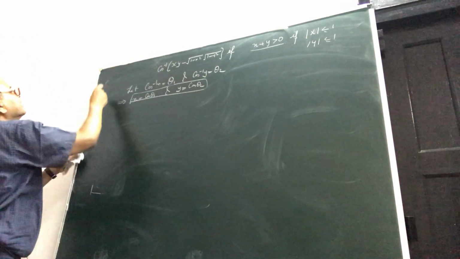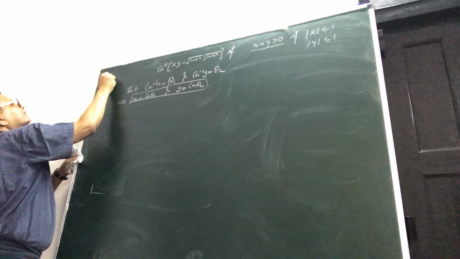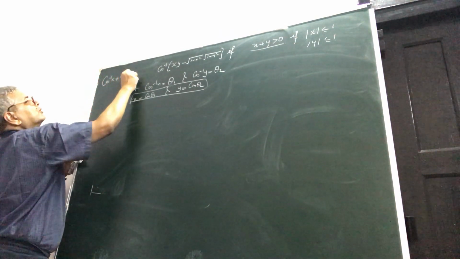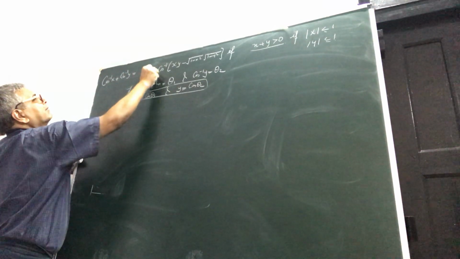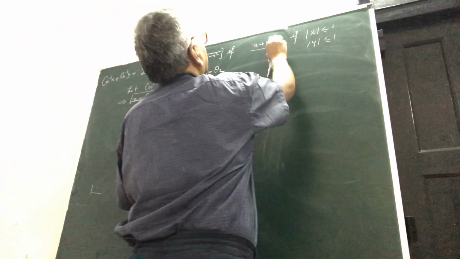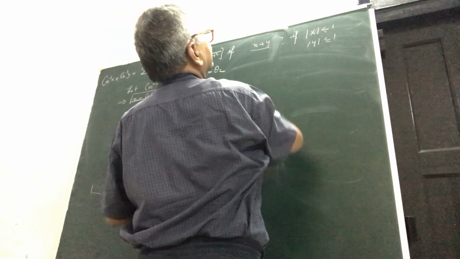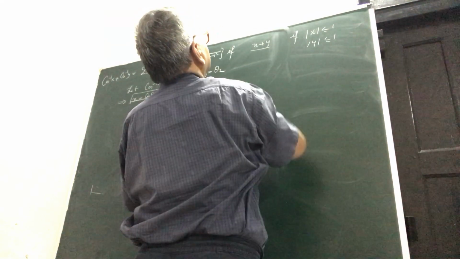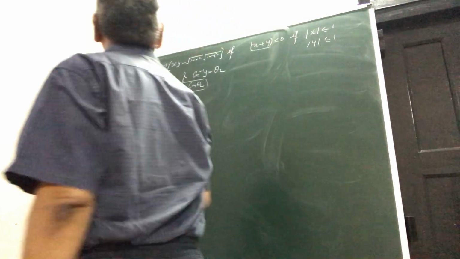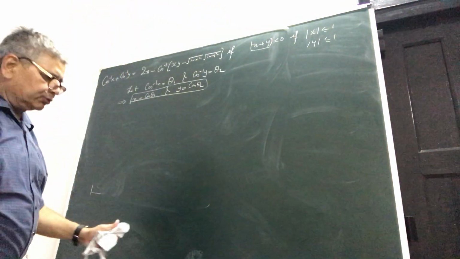What we will be proving is cos inverse x plus cos inverse y is equal to 2 pi minus this thing, provided x plus y is this time less than 0. Okay, that's all. We will proceed like this.